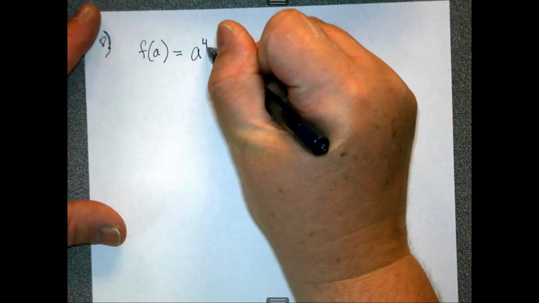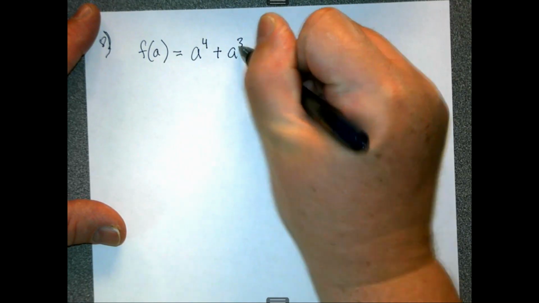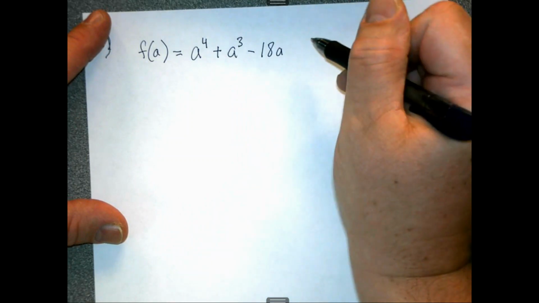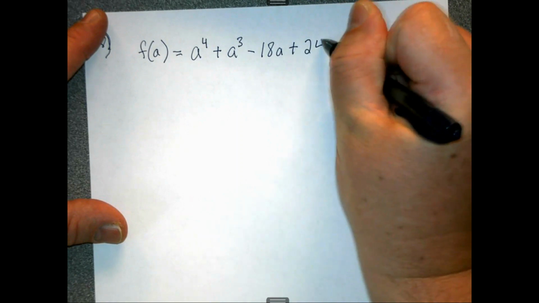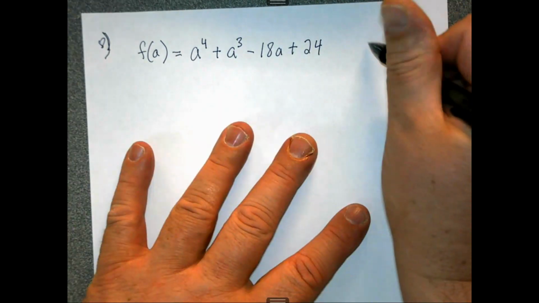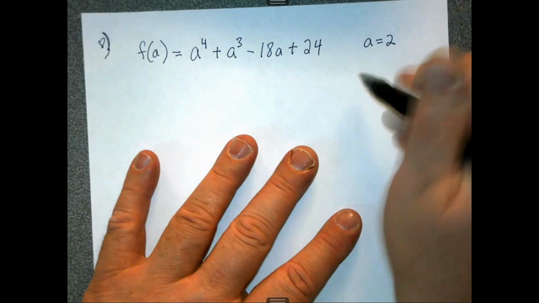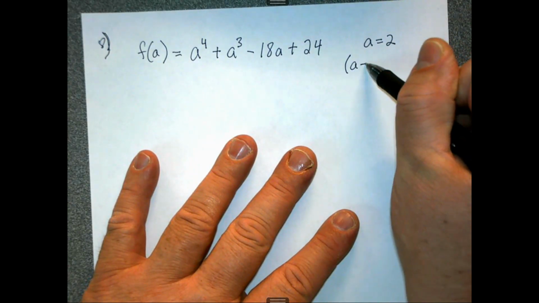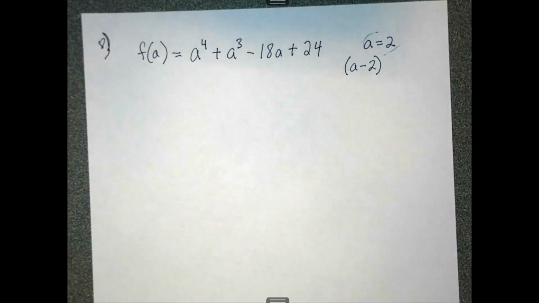Equals a to the fourth plus a to the third minus 18a plus 24. And they want us to use the divisor 2, so a equals 2. What's my factor? My divisor is going to be a minus 2, right? But we have to use what a is equal to.